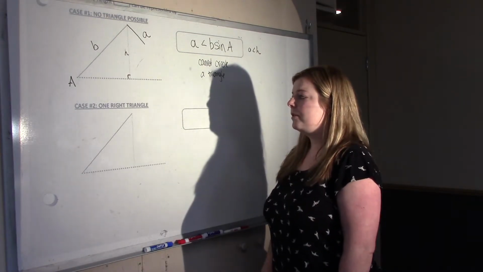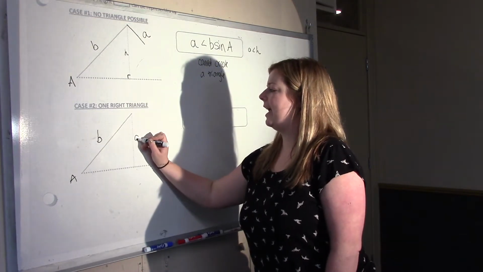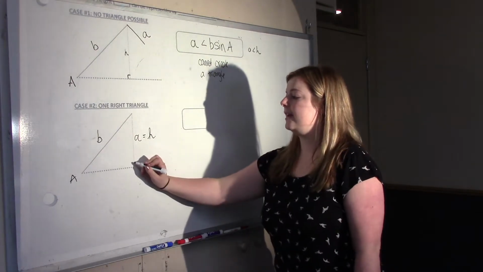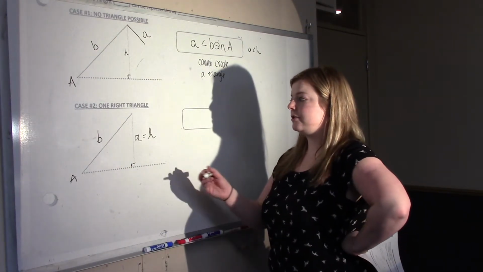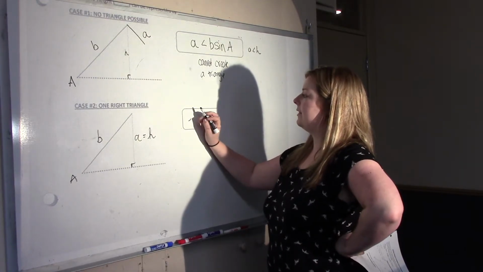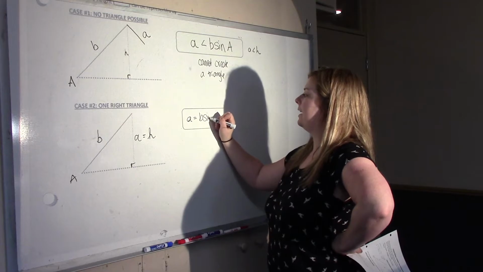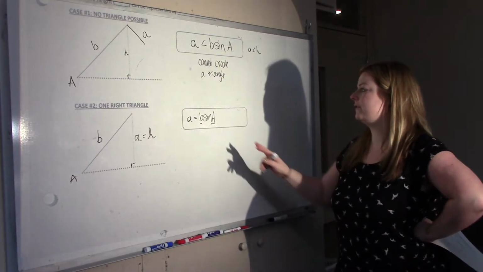Now, if you're given angle A, side length B, and your A here is equal to the height, then that gives you one right triangle. That is, if the side length A you're given is equal to B sine A, and you're given B and the angle A, so you can find that.